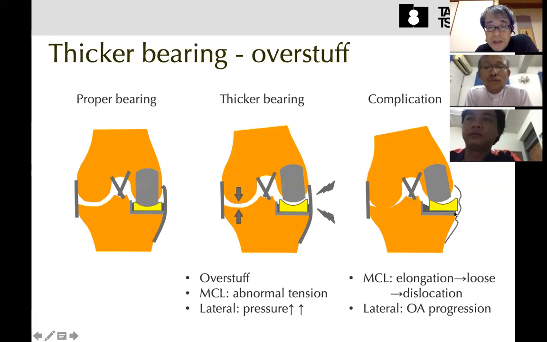Subsequently, medial side can loosen, and then the bearing can dislocate easily. And in addition, the lateral side, the OA change can occur due to the overloading of the lateral side. So we should avoid the over stiffness. In other words, overcorrection should be avoided.